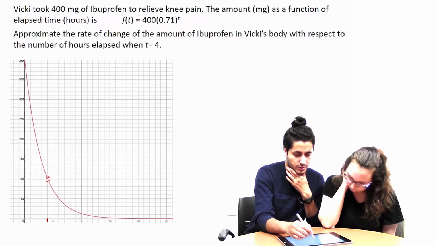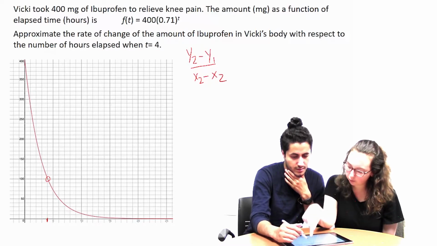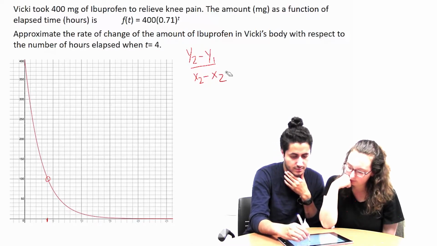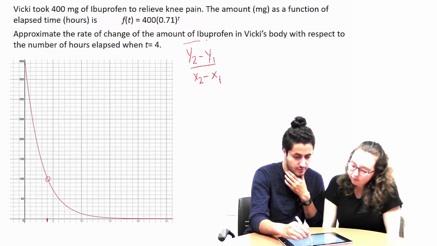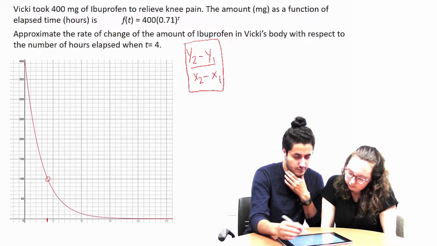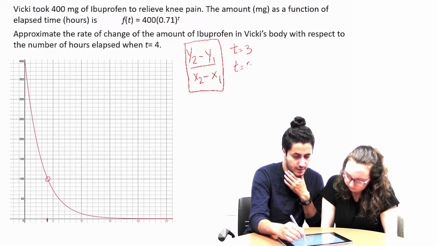So if we have this, we can use, oh, I'm sorry about that. It's a 1. So if we use this kind of formula, we can do t equals 3 and t equals 5.